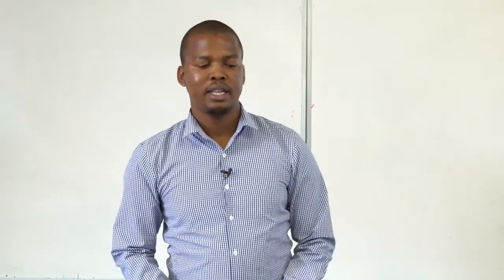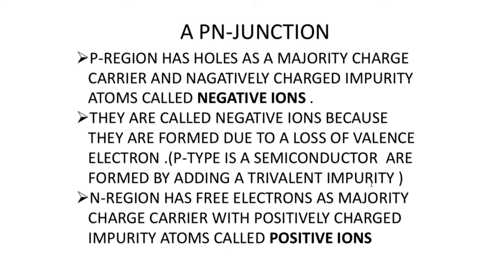For now, let me demonstrate to you the formation of a P-N junction. In a P-N junction, the P region has holes as majority charge carrier and negatively charged impurity atoms called negative ions.